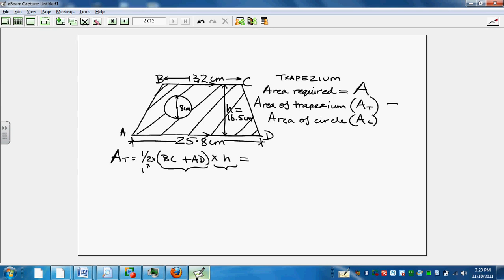It'll be a half times BC will be 13.2 centimeters. So you're writing your 13.2 plus your AD, which will be 25.8 centimeters, multiplied by your H, which is your perpendicular height, which is 16.5 centimeters. That's your area of your trapezium.